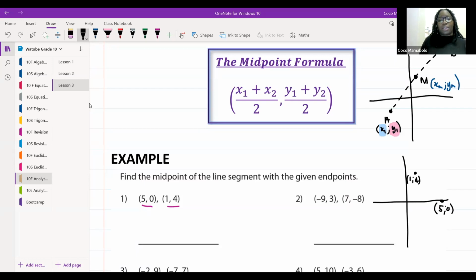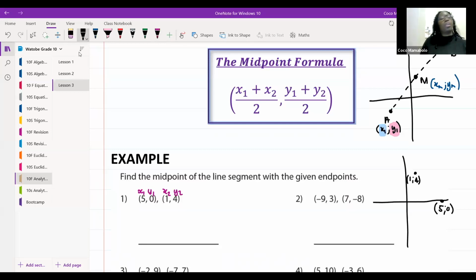Because my x coordinate always comes first, I'm going to name this 5 x1 and the corresponding y value y1. And then I'm going to go to my next coordinate, and I'm going to name this first part x2 and the second corresponding y value y2.